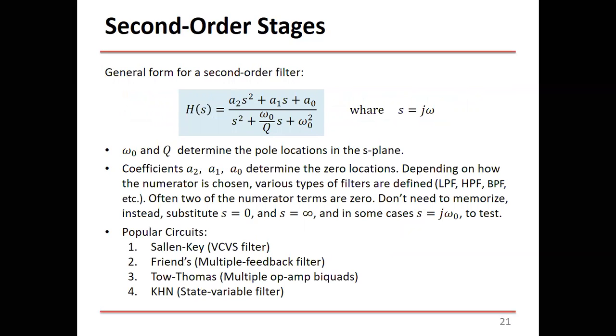The general form of any second order filter, whether it's low pass, high pass, band pass, or all pass, is this. It's a second order filter, so it has a polynomial of second order in S in the numerator and a second order polynomial in the denominator, okay? And the coefficients here, we call them A2, A1, A0, or whatever the names are.